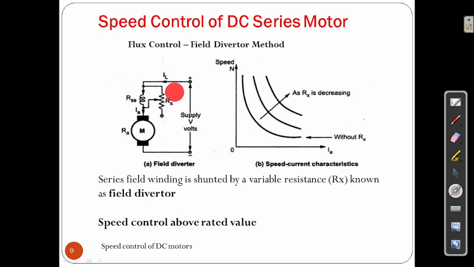We can say RX is the field divider, and this speed control is above the rated value of the motor.